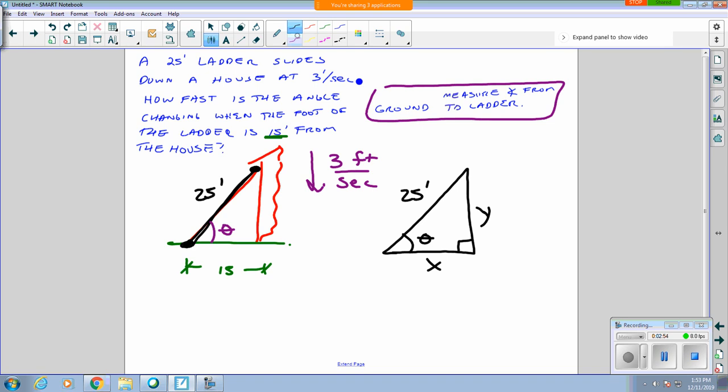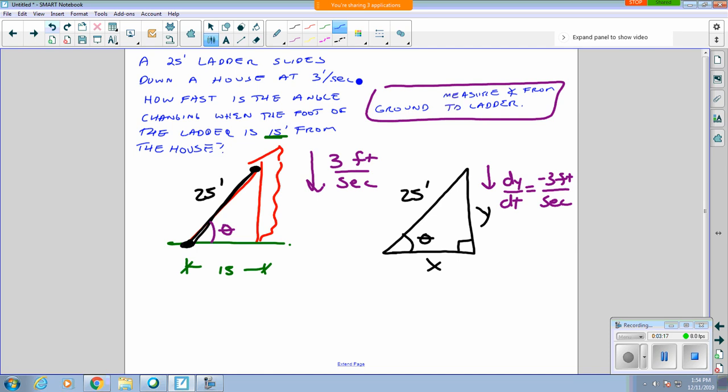We still know that this is going down, so we know dy/dt. dy/dt equals, and since this distance is getting smaller, the big thing here is to realize this is a negative rate of change, negative 3 feet per second.